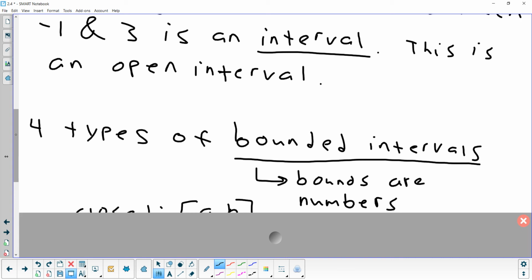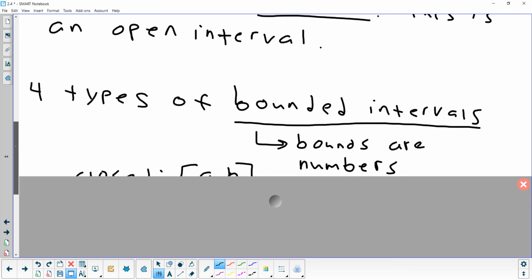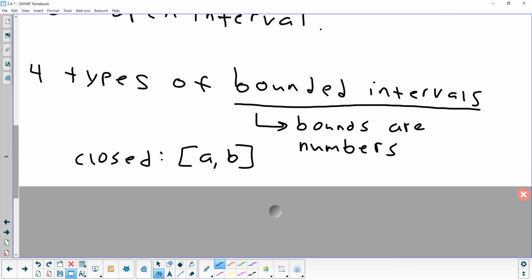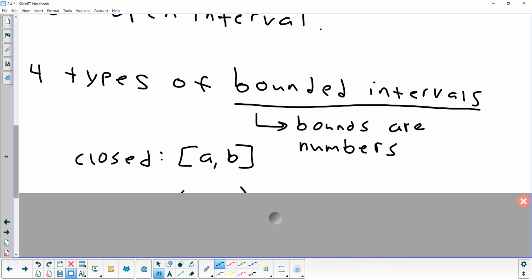If you put an infinity symbol as one of your bounds, that's what we call unbounded. It just keeps going. There's no end. But bounded means the interval stops at a number. Whether you include the number or you don't include the number, that's determined by what we call an open or a closed interval. Okay, that's a little different.